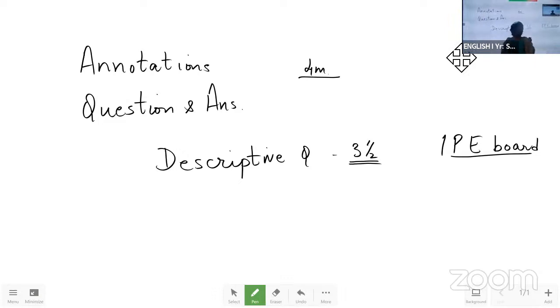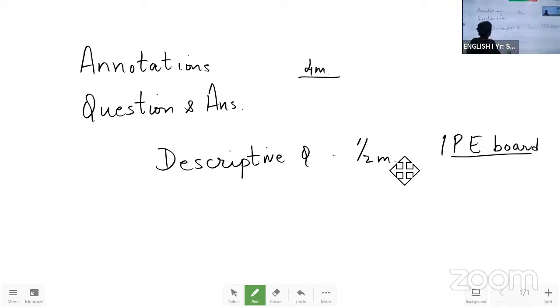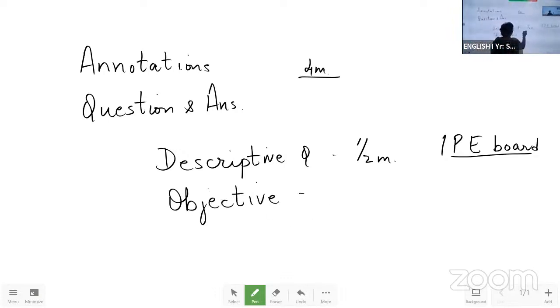We are supposed to reduce half mark from all descriptive questions. If it's objective, you can get full marks, that is 4 out of 4.